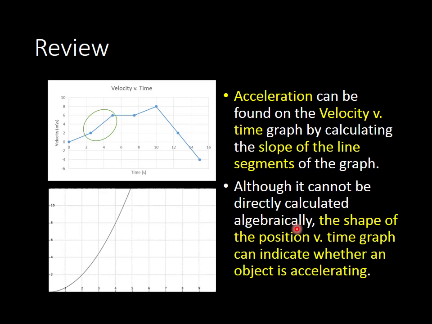Also remember that even though we can't use algebra to calculate it, the shape of the position versus time graph at least gives us an indication of whether or not the object is accelerating. So when we see a curved position versus time graph like this, we know that this object is accelerating because the velocity is changing at an exponential rate.